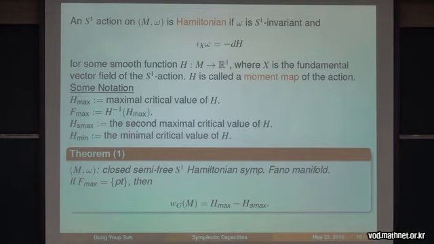The fixed point set may contain isolated fixed points, but it has to be the maximal value. Later parts may have many components, but the maximal is just one point.